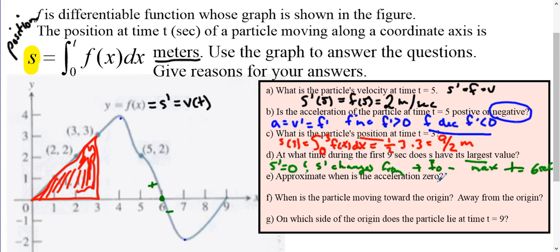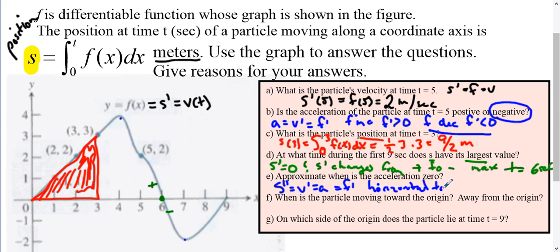Approximate when the acceleration is 0. Well, acceleration is s double prime, which means we need the derivative of the velocity function, and that equals acceleration. Well, velocity is f, so basically we're looking for the derivative of f. Now, f prime, since we have this, we're looking for horizontal tangents.